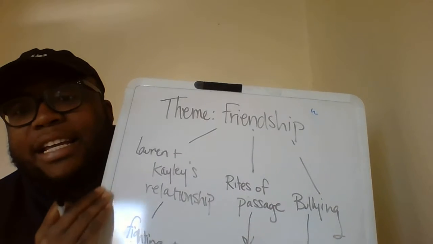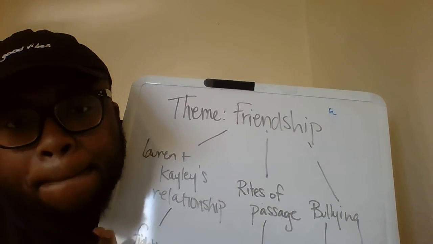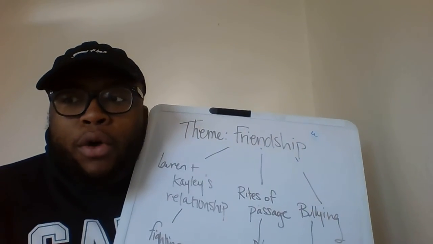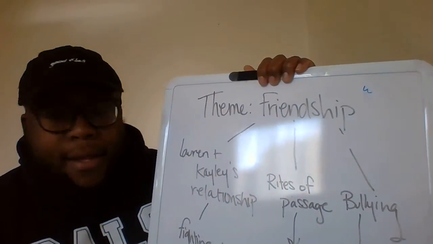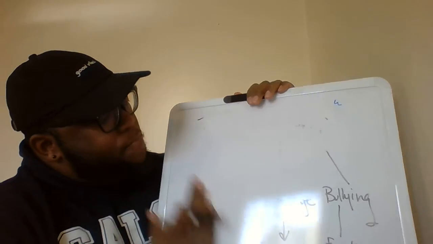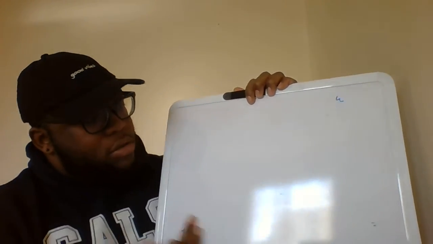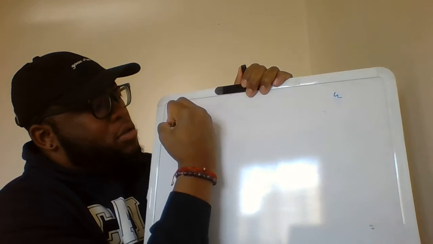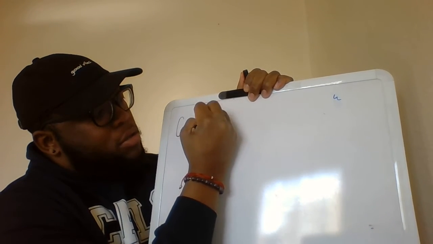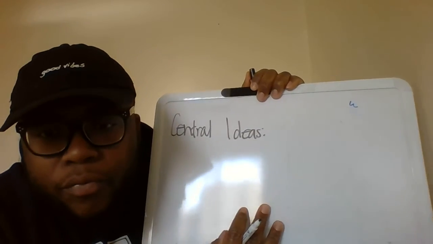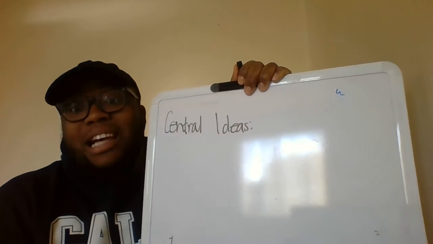So now let's think about our central idea. What is the central idea of the story? Okay, so friends. Let me erase it. Friends sticking together through hard times, right?